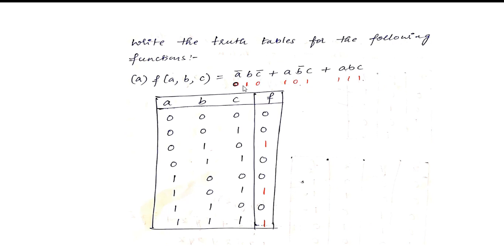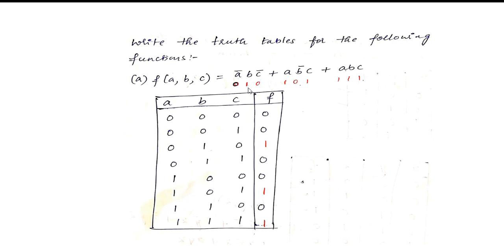So better you convert the given equation into binary form. This is for your reference: 0 1 0, 1 0 1, 1 1 1. Next you write the truth table. Eight input combinations you write. Now, before writing the output, the product terms in the equation will represent the logical one outputs of the truth table.